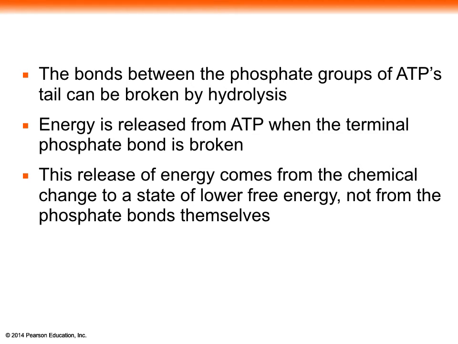The bonds between the phosphate groups of the ATP tail can be broken by hydrolysis. Energy is released from ATP when the terminal phosphate is broken. This release of energy comes from the chemical change to a state of lower free energy, not from the phosphate bonds themselves. If you want to get technical, the energy technically isn't in the bonds. It's actually from the chemical change to a state of lower free energy.